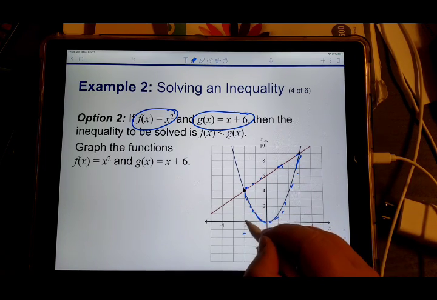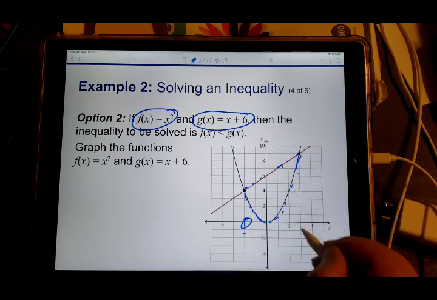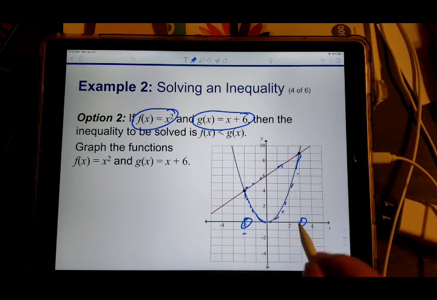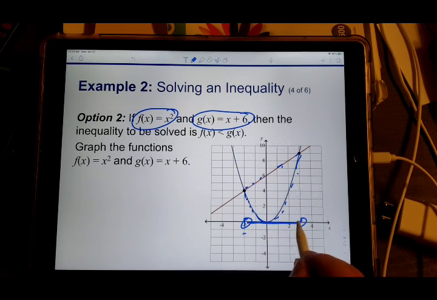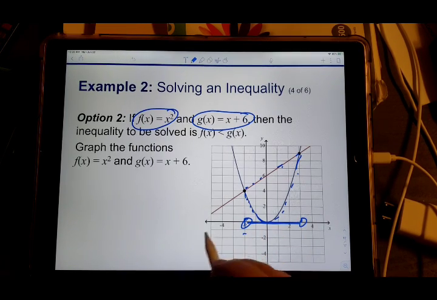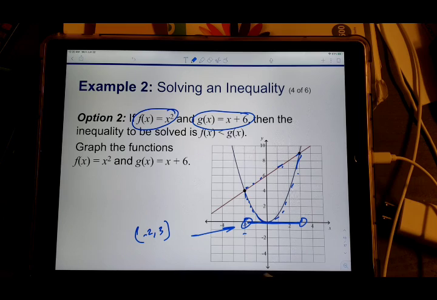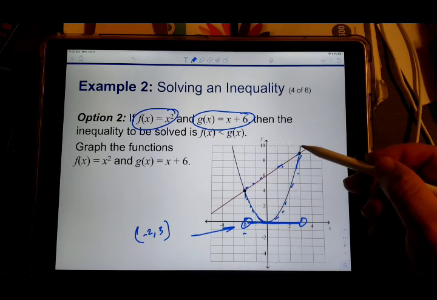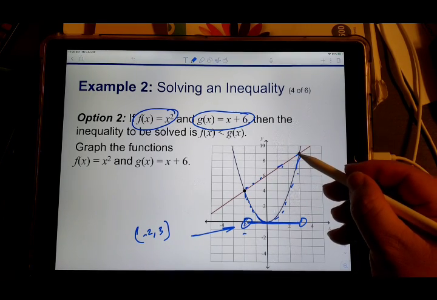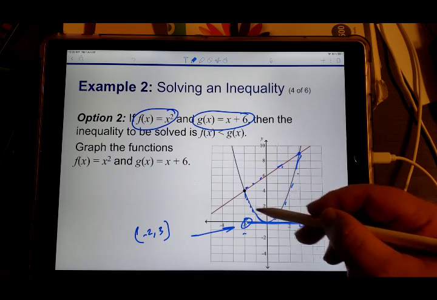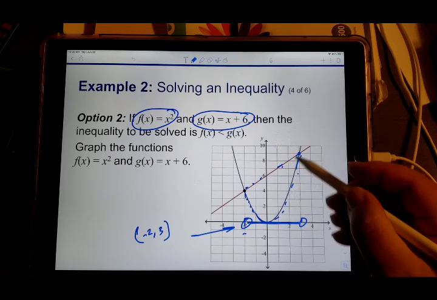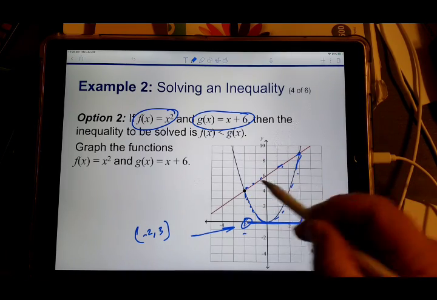You can see from the picture, it's going to be from -2 to 3, in this interval right here. How would you know exactly where this goes unless you had every point accurately?